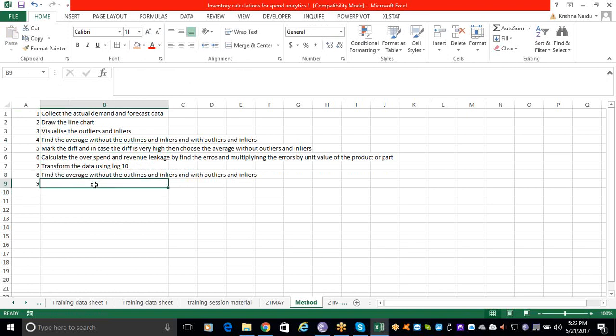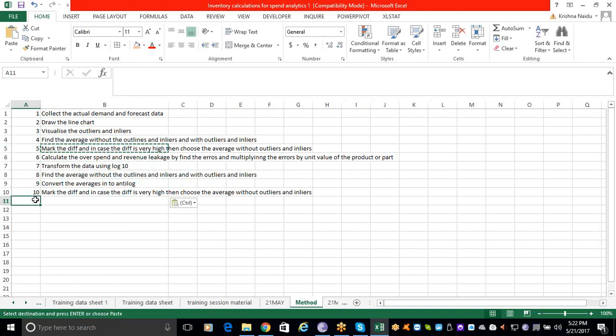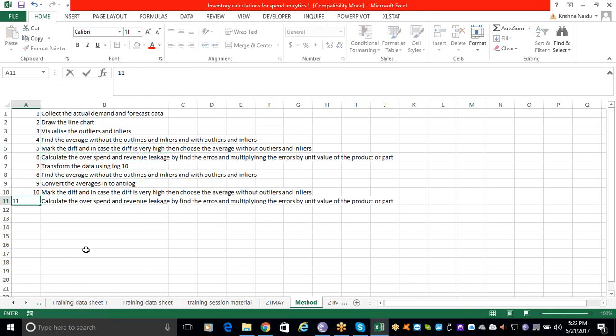Convert into anti-log. Convert the averages into anti-log. Then 10. Then we mark the difference. Then again the same thing. 12. Transform.